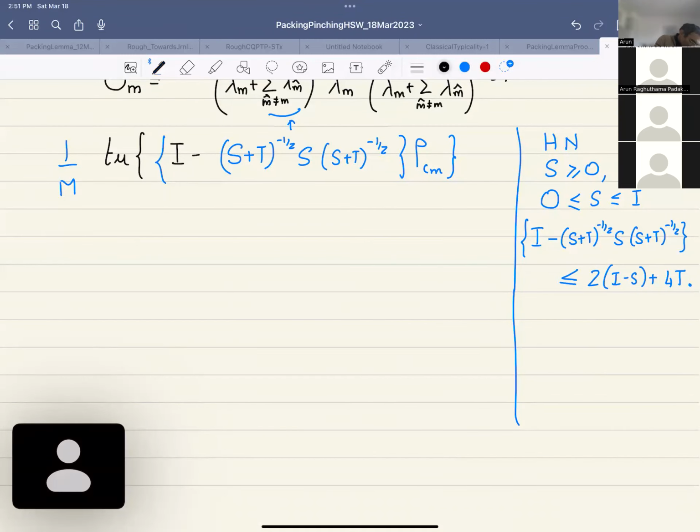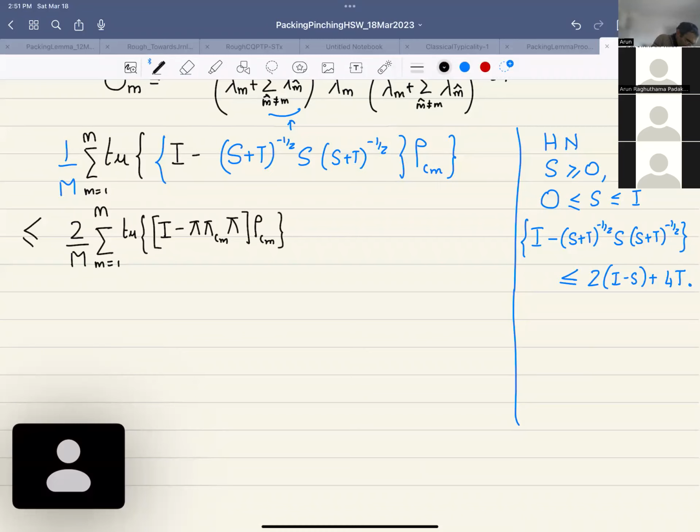So using the Hayashi-Nagaoka, we get two terms, right? So this is term 1, 2 by M, summation m equal to 1 through M, trace of I minus pi cm, this times rho Cm.